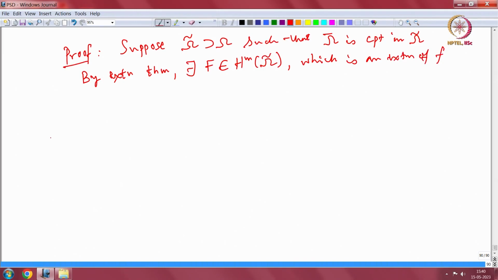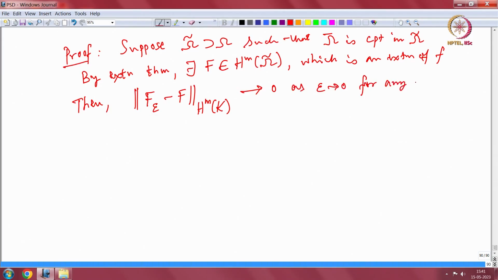So from the previous note we observe that f epsilon minus f in HM of k tends to 0 as epsilon tends to 0, for any compact k in omega tilde.